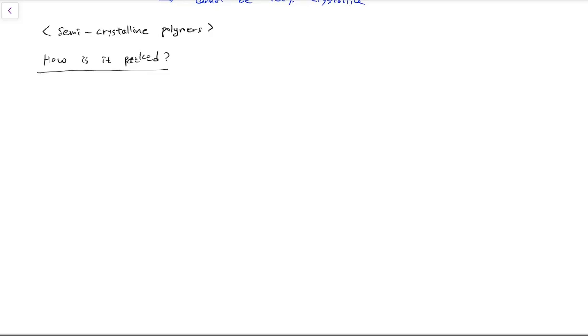So some portions of the polymer chains are amorphous. Then we can have questions. How is semi-crystalline polymer packed? How does a semi-crystalline polymer exhibit this kind of ordered molecular arrangement?